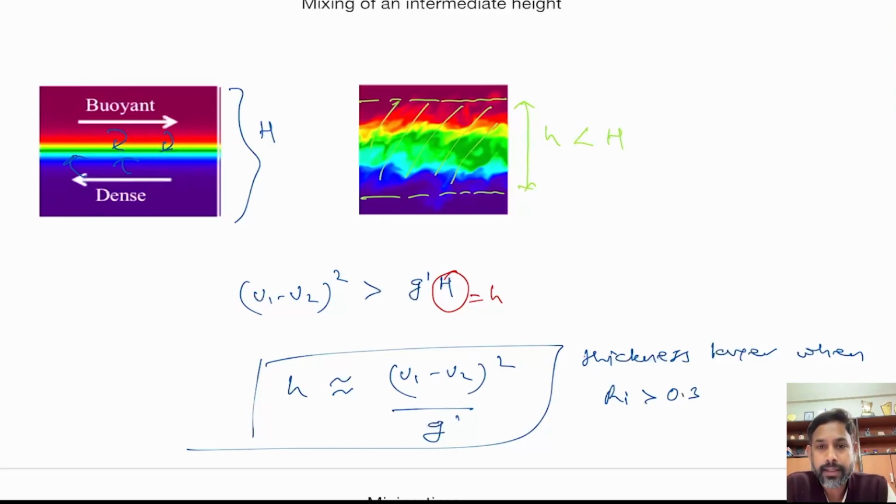And now this analysis that we have derived can be applied to any two layers of different thicknesses, right? So we tried to derive this for a fixed thickness of capital H, but let's assume that there are two fluid layers which are infinitely thick in two directions, and now you want to find their thickness layer, depending on their velocity and density difference.